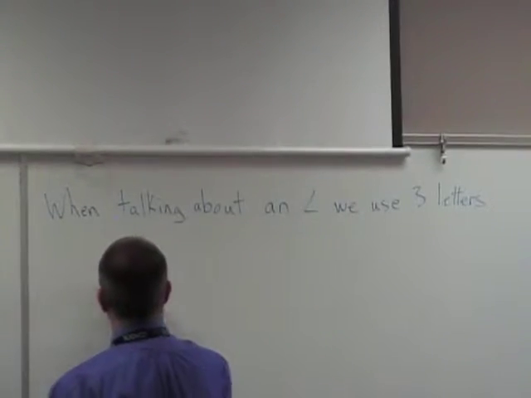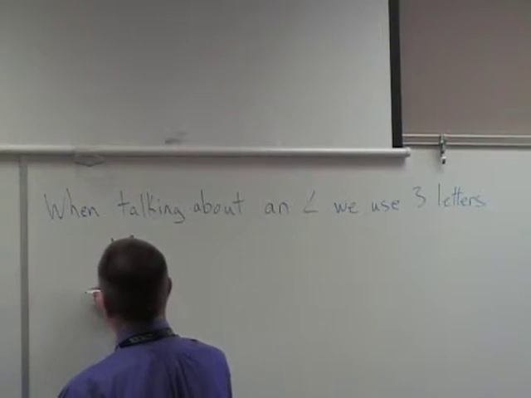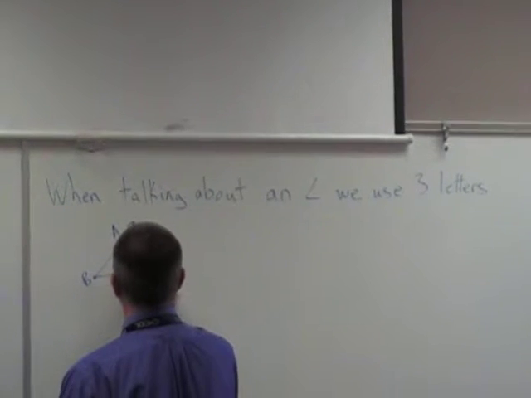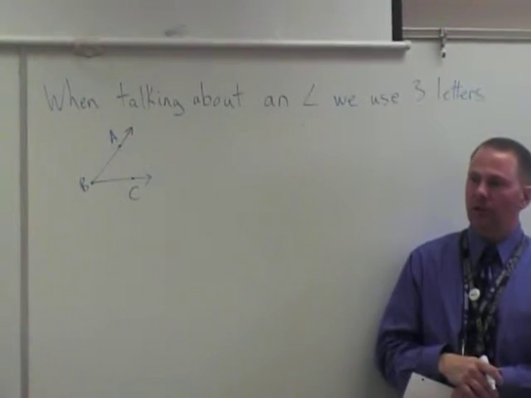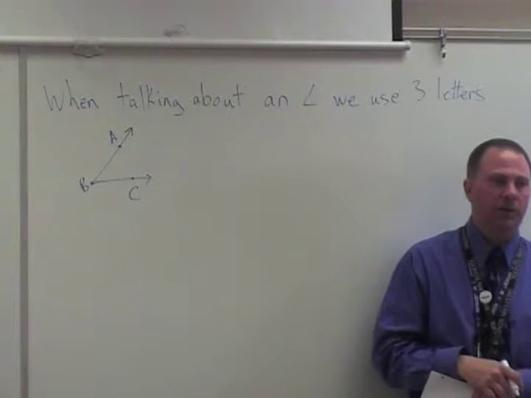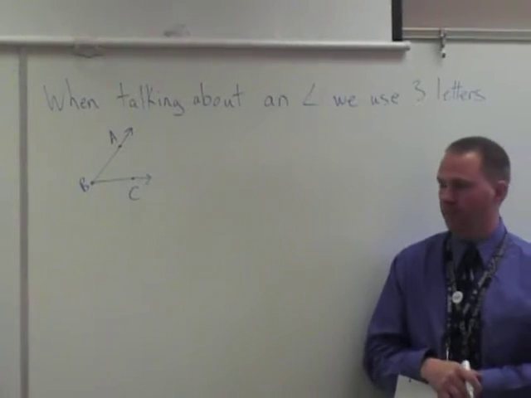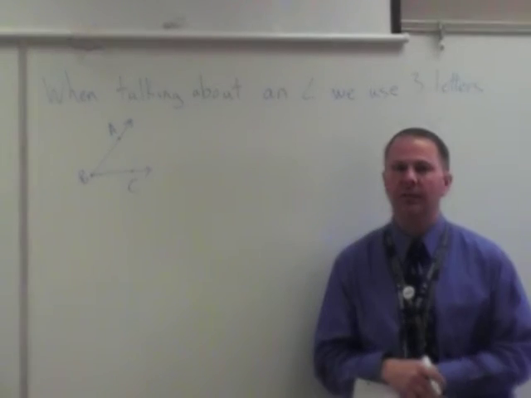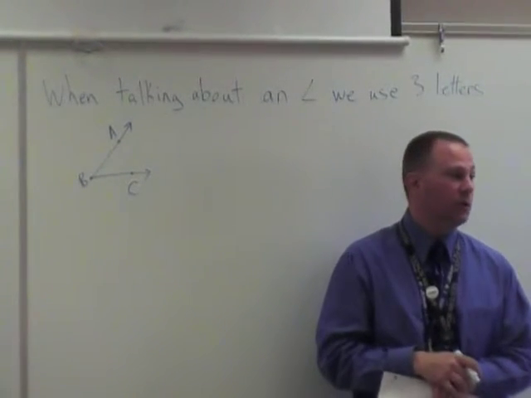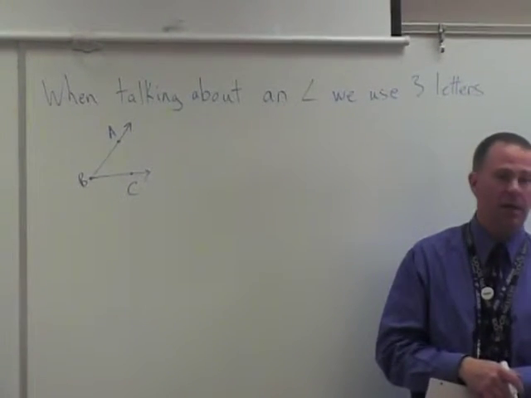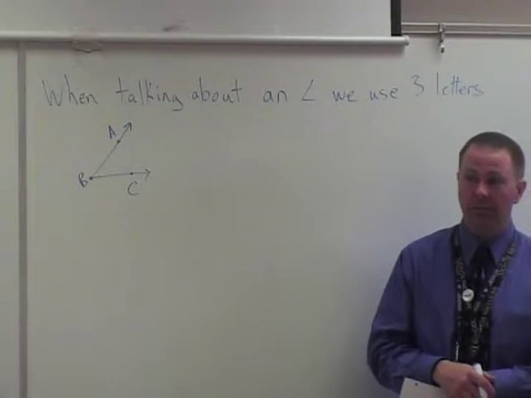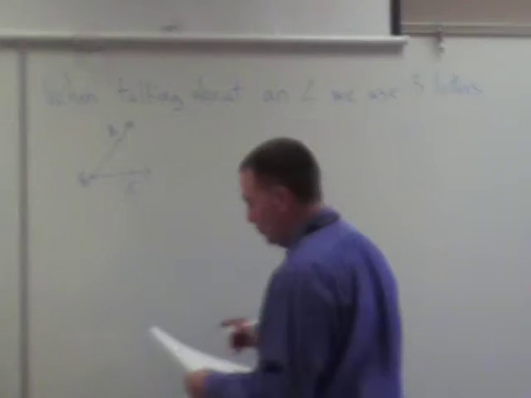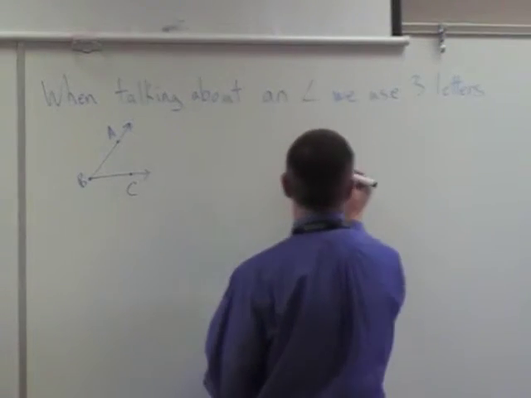If I have this angle here, A, B, C, it is okay if you call this angle B. You do not need 3 letters there. You use the vertex to describe the angle. That is about the only time you can use just 1 letter. So when you start putting other angles with it, everybody draw this.